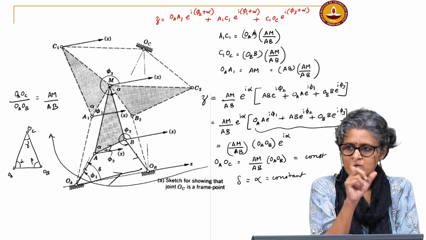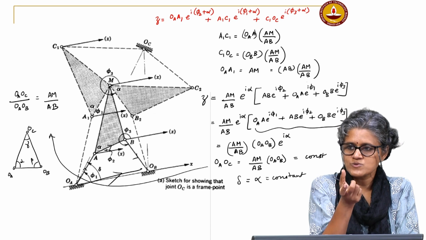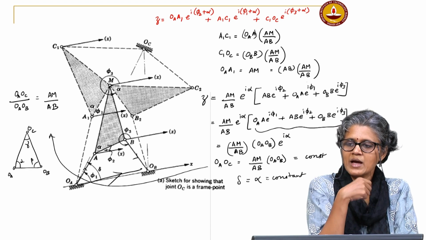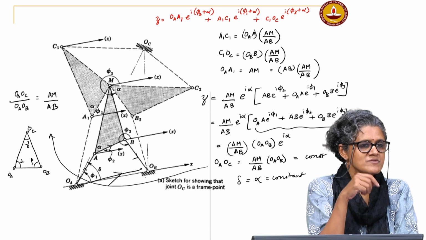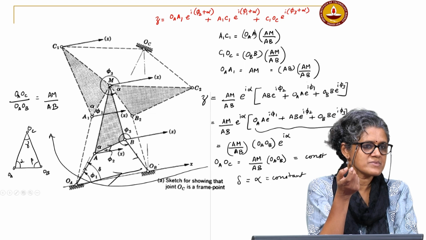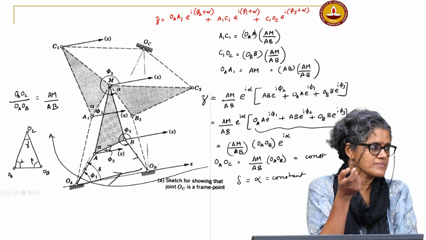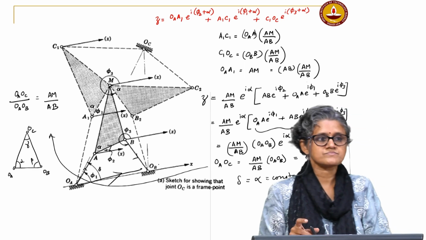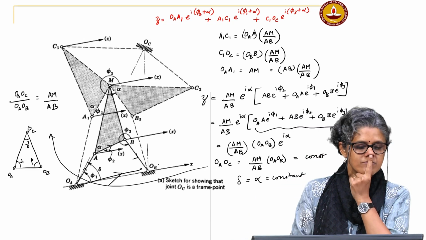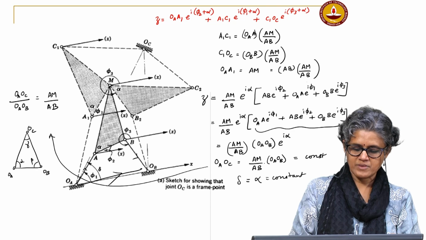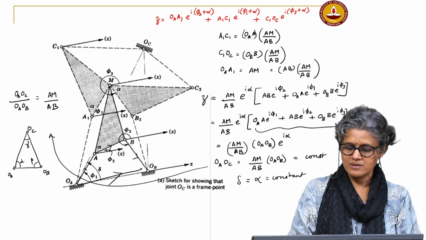If OA OB, one of those is not suitable, then you could get an alternative 4 bar which has OC as one of the fixed pivots. Okay. How did we get that in the first place, that OAOC is equal to OAM by AB? From here, OAOC I showed here, right.